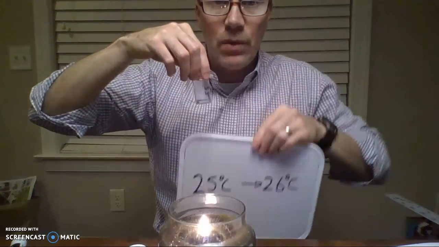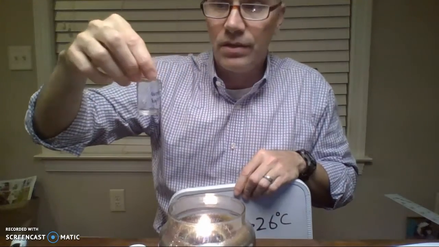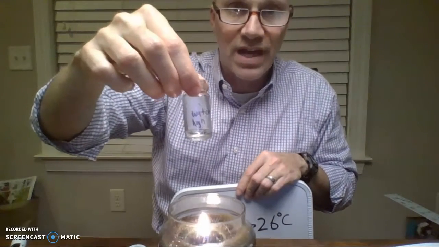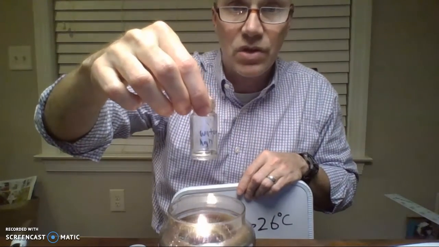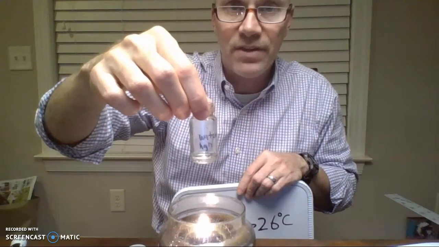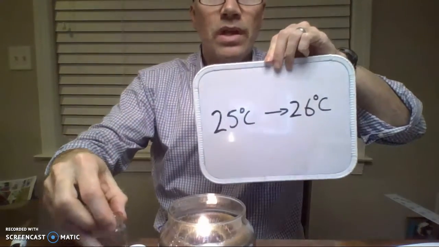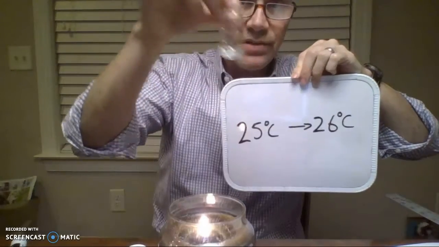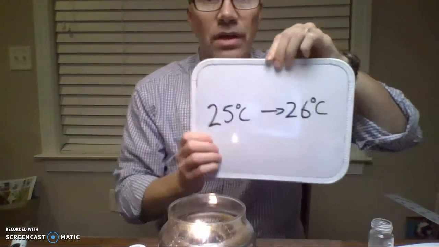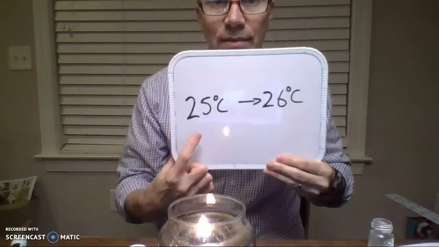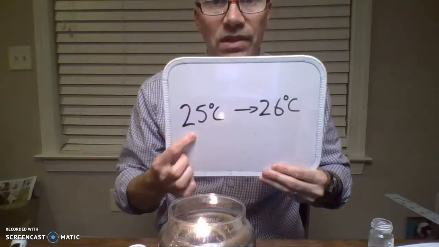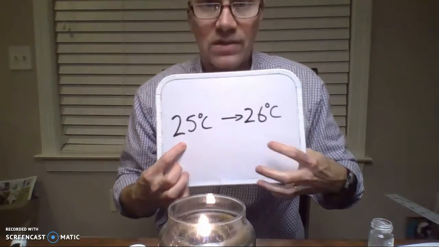One thing that we know is that if we take this water and we hold it over top of that flame, it's going to start to absorb heat from that flame, and that's going to cause its temperature to go up. So if we held this over top of that flame for long enough, we could eventually cause its temperature to go from 25 degrees Celsius to 26 degrees Celsius.